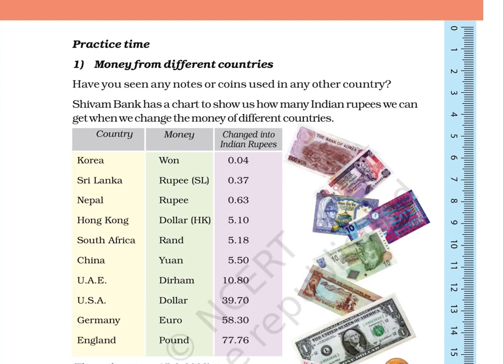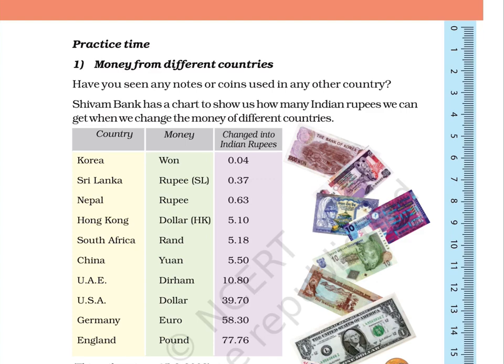To the right side of the page we see different currencies of the world. The table reads like this row-wise. Country, Korea, money, won, changed into Indian rupees, 0.04. Sri Lanka, rupee, Sri Lankan rupee, 0.37.